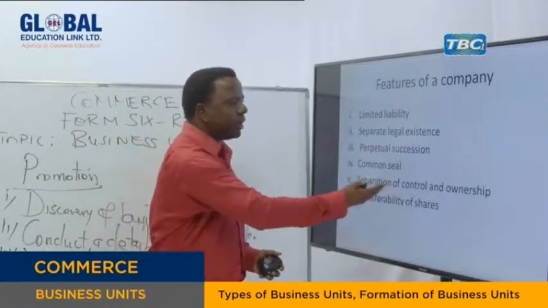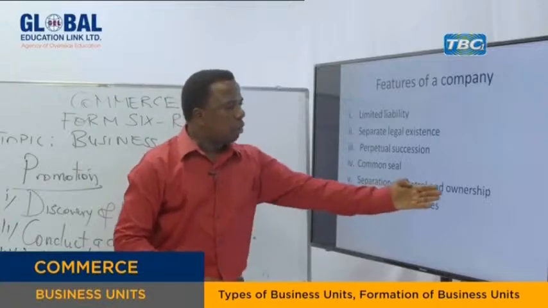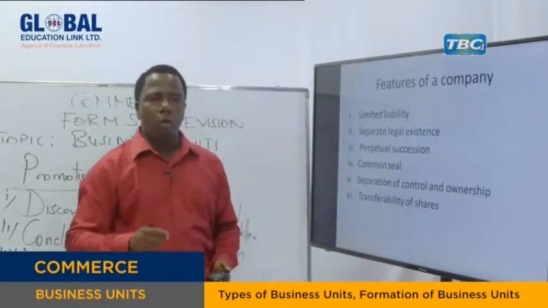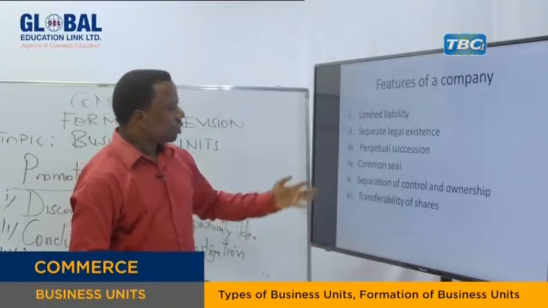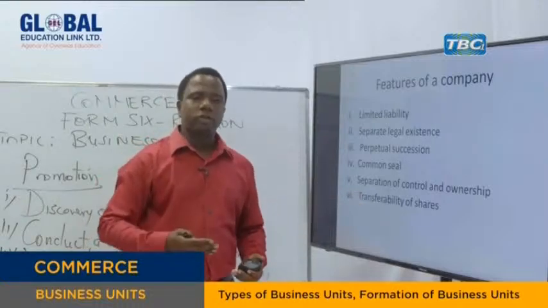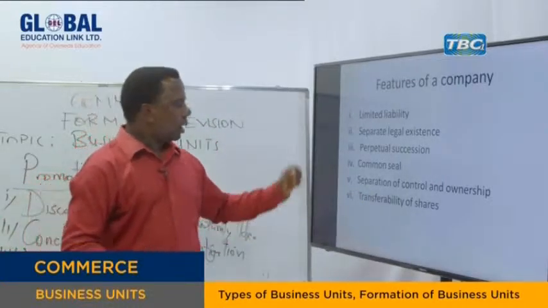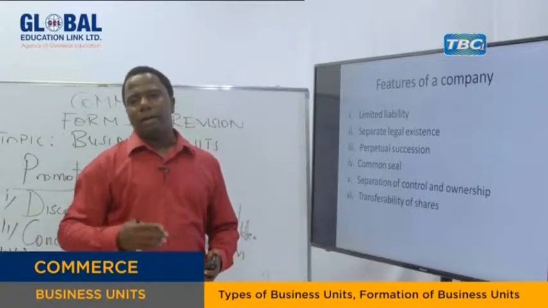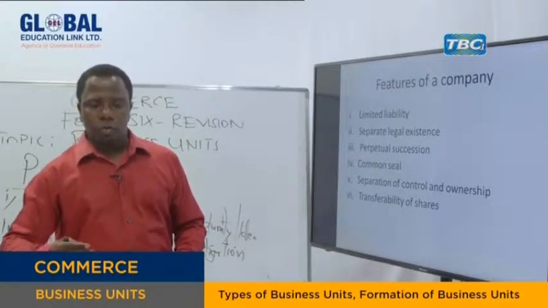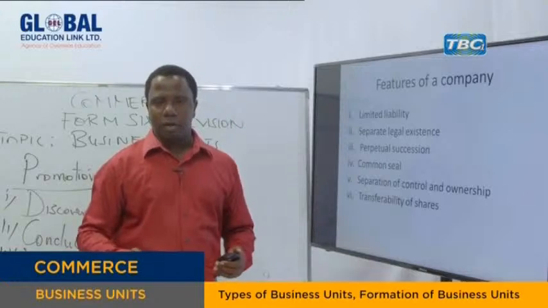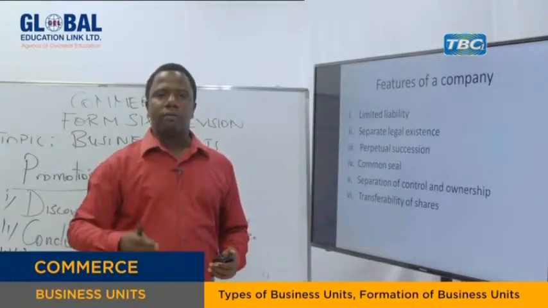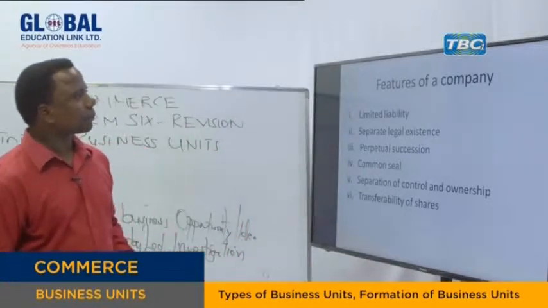So control is under directors and ownership is under the owners of the company. Transferability of shares. Shares of a public company are freely transferable, while shares of a private company need an approval from some members in order to transfer those shares.